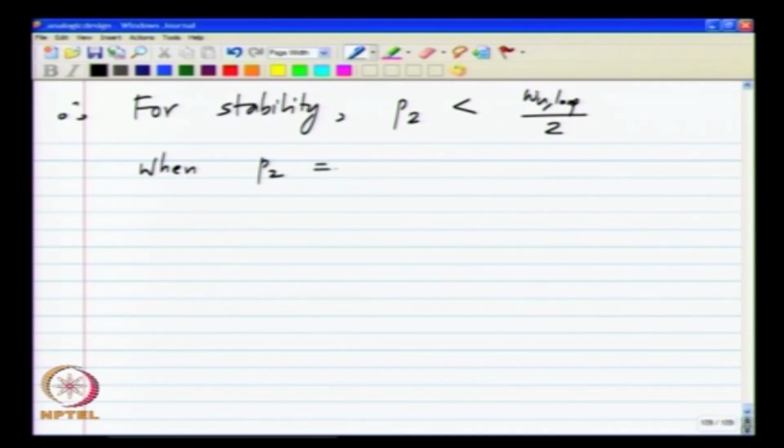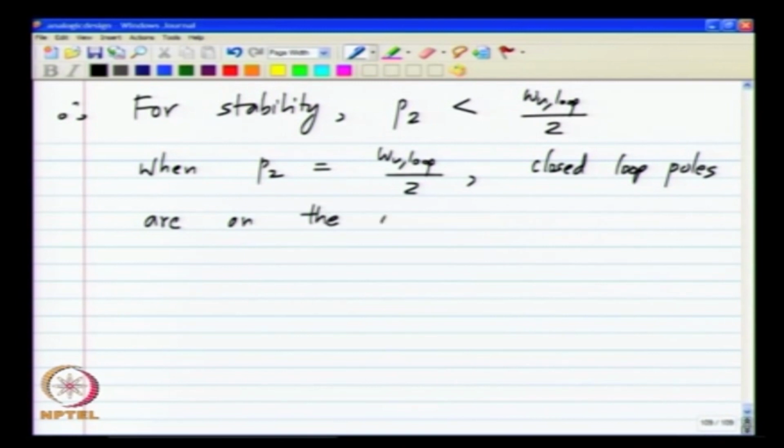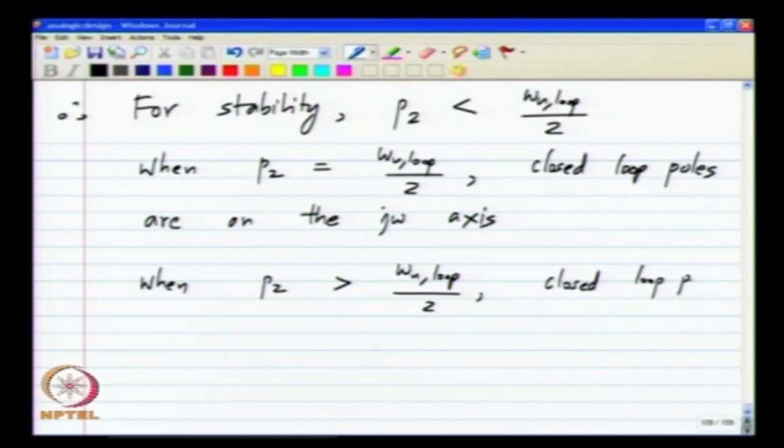when P2 equals the unity loop gain frequency by 2, the poles of the closed loop system are on the j omega axis, and when P2 is more than omega u loop by 2, closed loop poles are in the right half plane, which also means an unstable system.